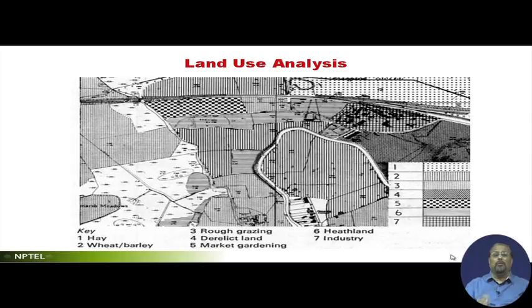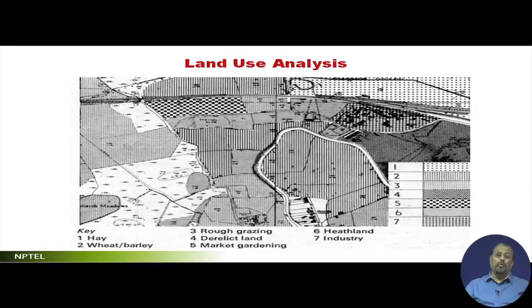Derelict land is that particular parcel of land which has become unusable, because of many reasons: either it has lost its fertility, or it has lost its depth or topsoil quality because of extraction or quarrying from there. Whatever the reason, it has become derelict, less usable or unusable land.